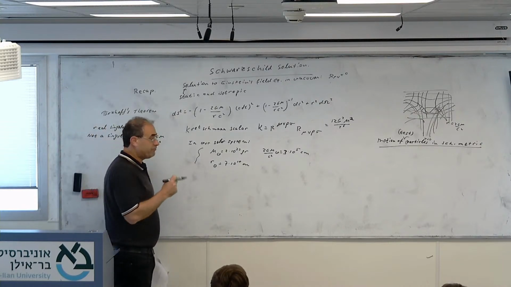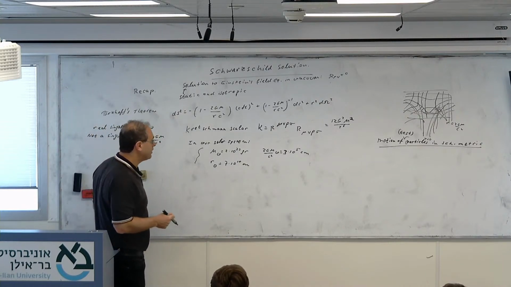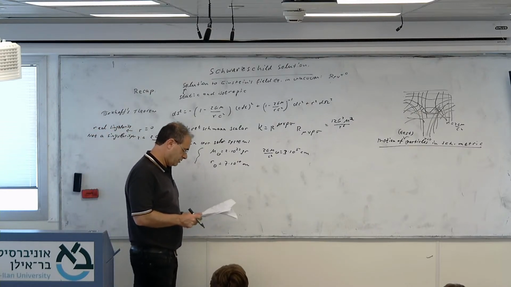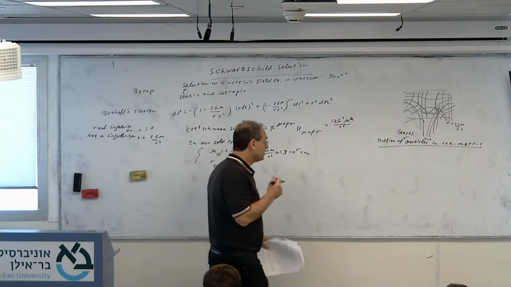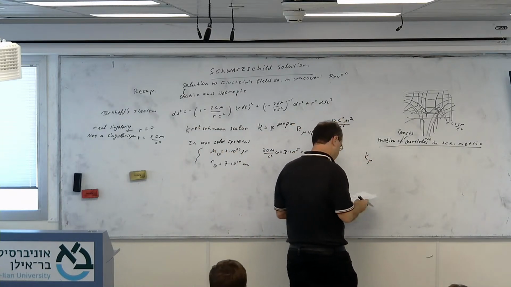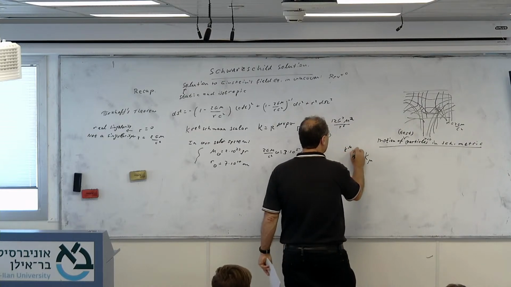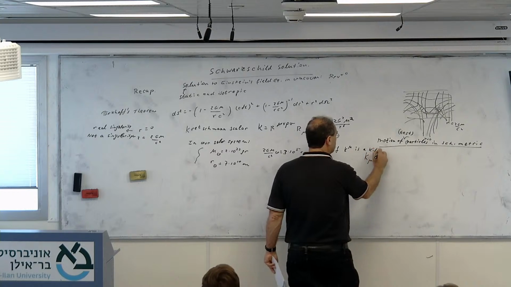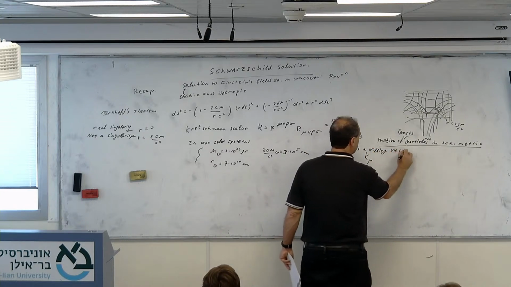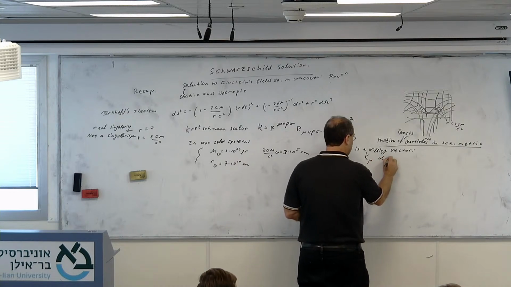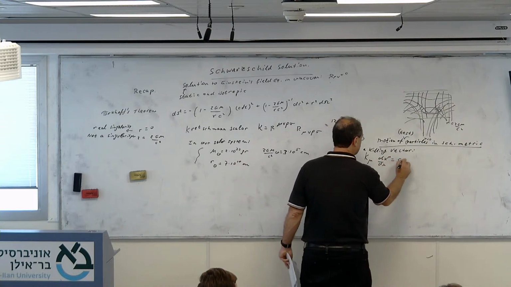Then we said, instead of trying to write directly the geodesic equations, let's make use of the Killing vectors. We saw that the Killing condition tells us that if k mu is a Killing vector, then k mu dx mu over d lambda is a constant of motion.